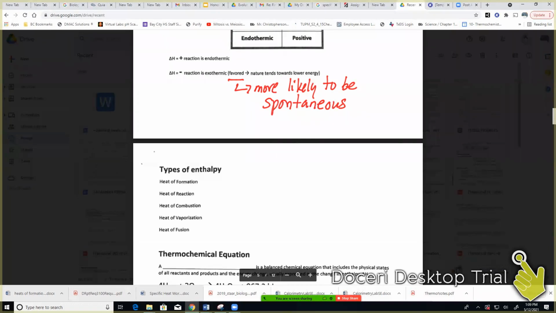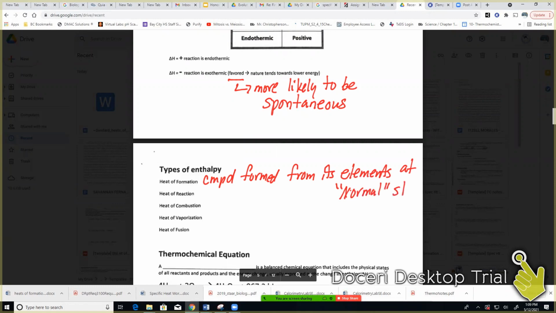There are different types of enthalpy, and we'll use a few. There's heat of formation, and that's when a compound is formed from its elements at, I'm going to put this in parentheses, normal state.